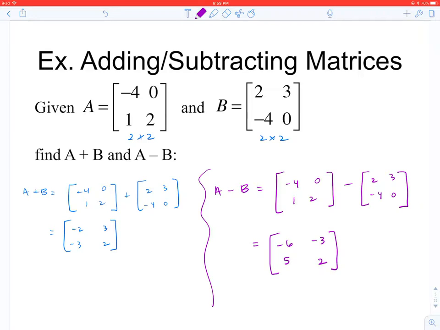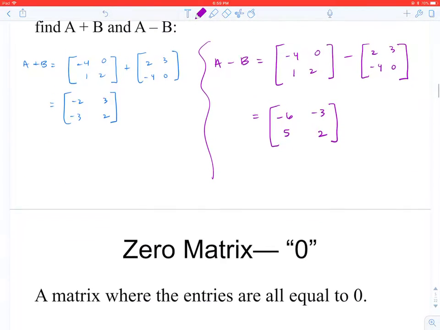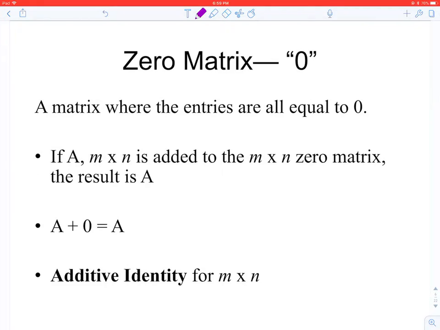So it's important to remember, you can only add or subtract matrices if they have the same dimensions.